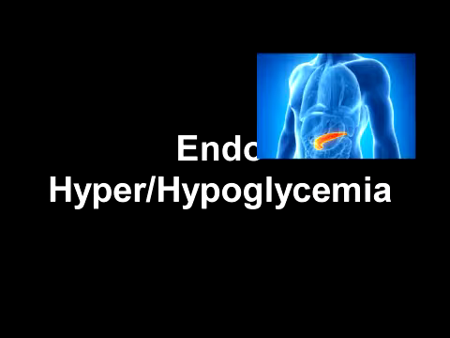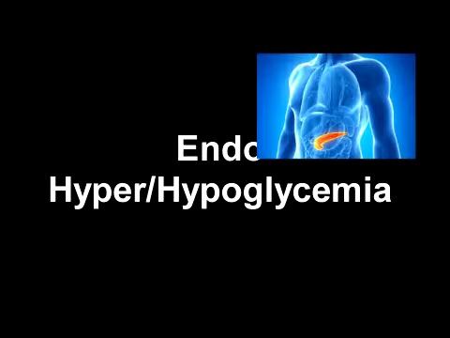How do you manage it? Well, it depends. If your patient is alert and oriented, you give them glucose tablets, 25 to 100 milligrams. If they are altered, you give them intravenous push of D50, and then you run D10 to maintain it. If your patient does not have IV access, you give IM or subcutaneous glucagon, 0.5 to 1 milligram, and you admit your patient.